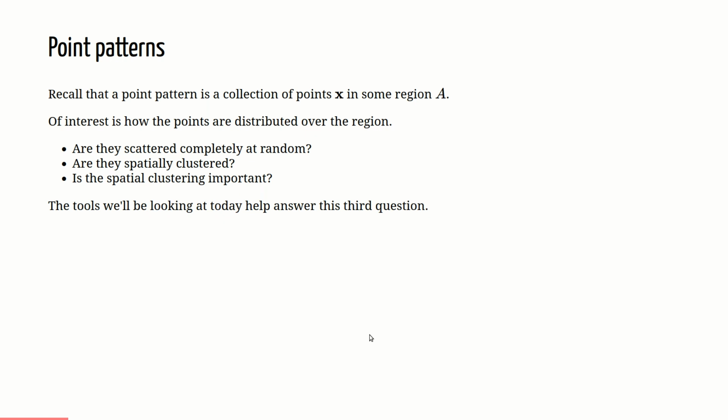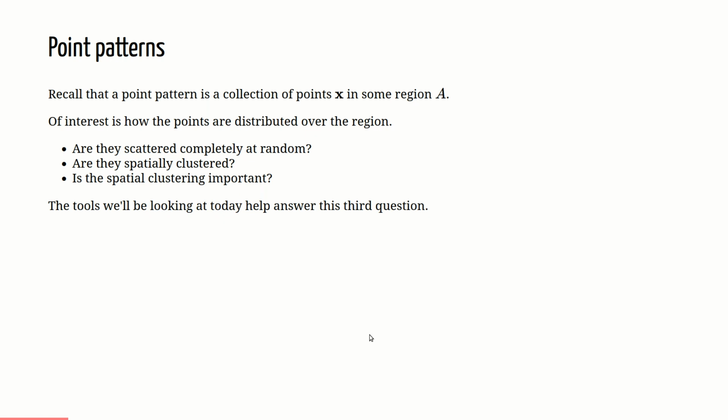There's different ways that locations in space could be clustered. We'll mostly be looking at essentially the inhomogeneous Poisson process, where the spatial clustering is due to some underlying trend. We're not going to be looking at examples where the spatial clustering is due to some interaction between locations.